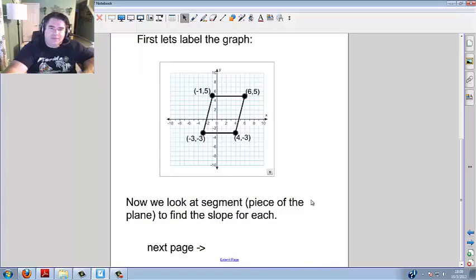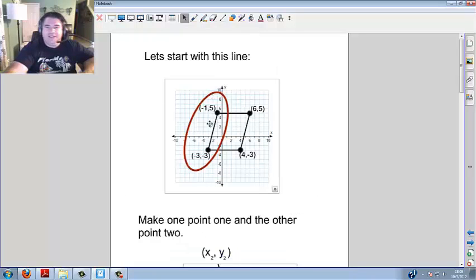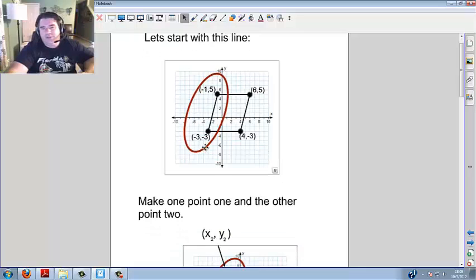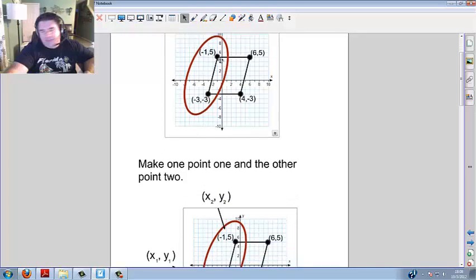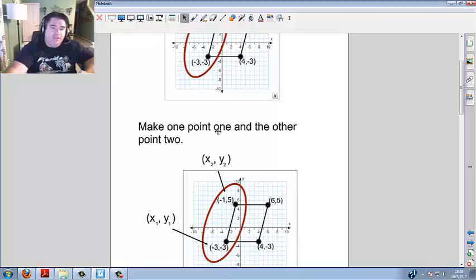Now we look at each segment piece of the plane to find the slope for each. Here's all you have to do. So I'll take from this guy to this guy. Remember, if I pick 2 points, it doesn't matter which one's the x2, which one's the x1, which one's the y2, which one's the y1. So I'll assign these as x1 and y1, these as x2 and y2.